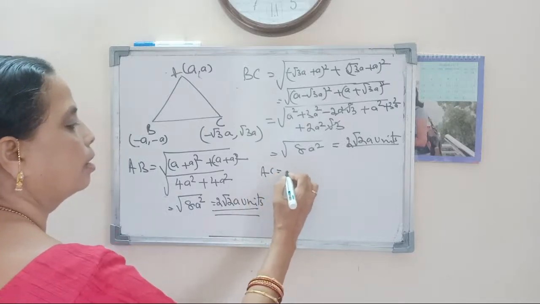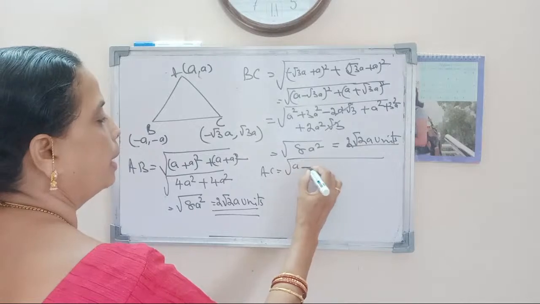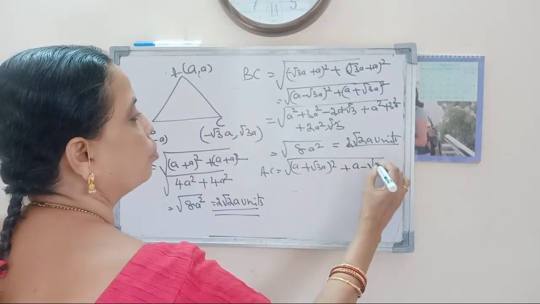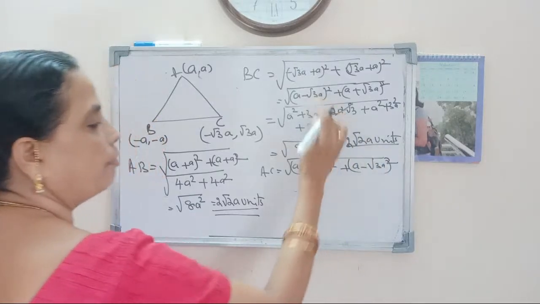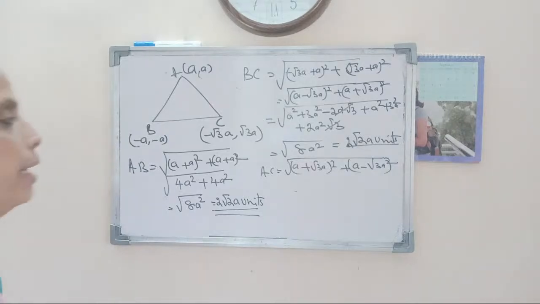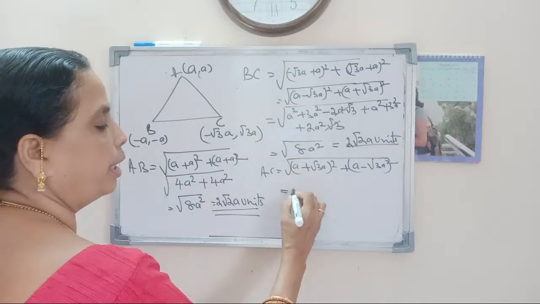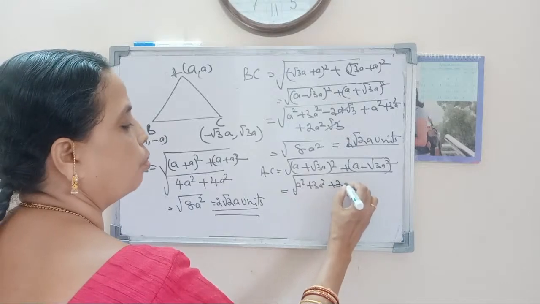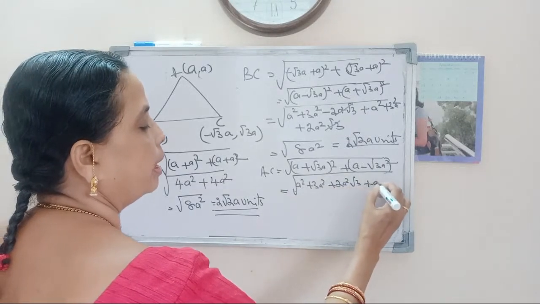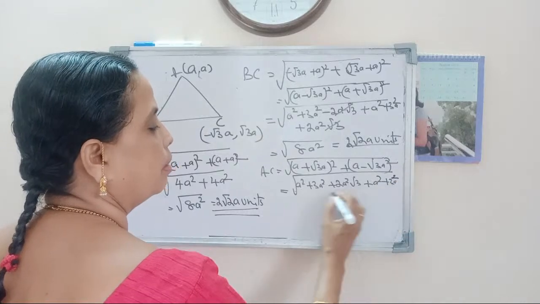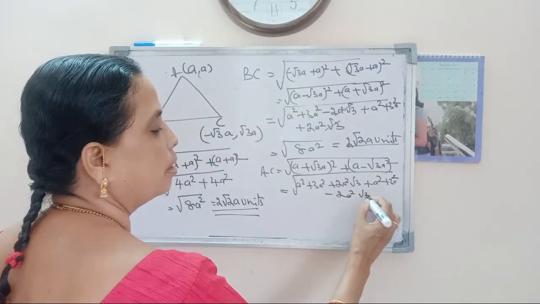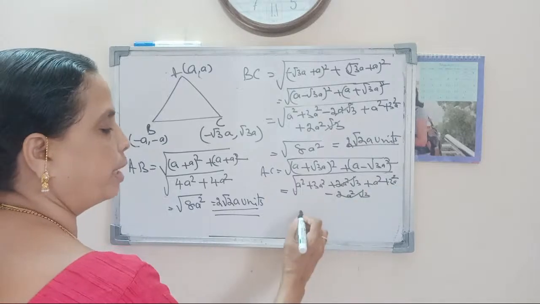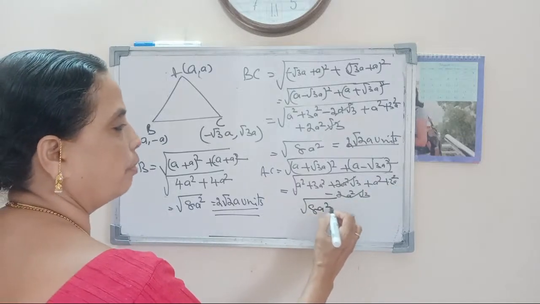Same condition. Root of (A plus root 3A) whole square, plus (A minus root 3A) whole square. Just what we did here, on expanding, the final answer is 2 root 2A. You will get a square plus b square plus 2ab, and a square plus b square minus 2ab. These cancel. A square plus 3A square, 4A square plus 4A square, root of 8A square.